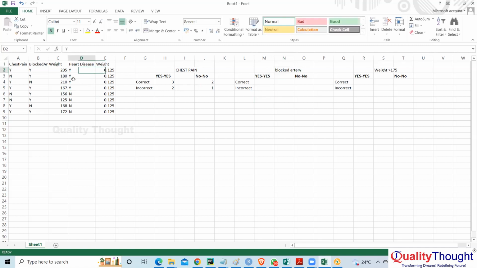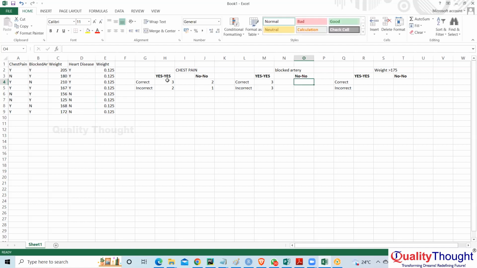So these are all 4 yes. So 3 correct, and incorrect is 1. Incorrect means yes, blocked artery but no heart disease. So 3 correct.